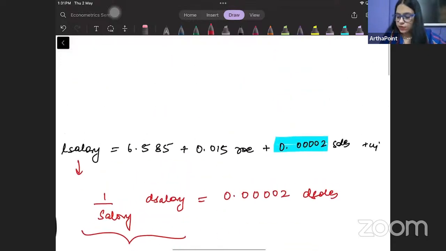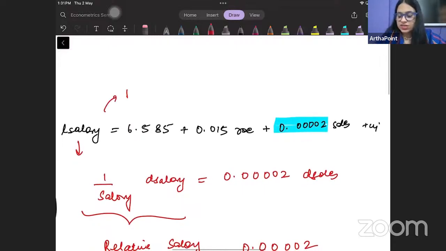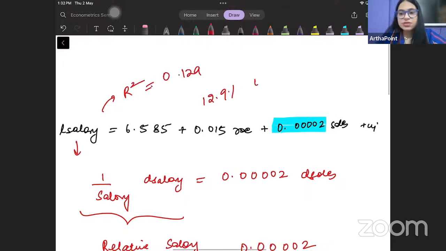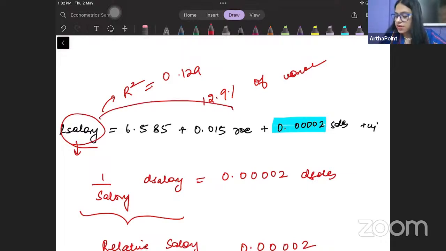Acha, one more thing that you have to understand. Whatever its R square, its R square value is actually coming out as 0.129. That means 12.9% of the variation in log salary can be explained jointly by ROE and sales.